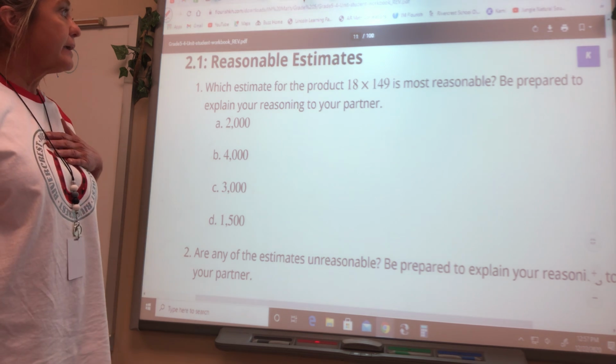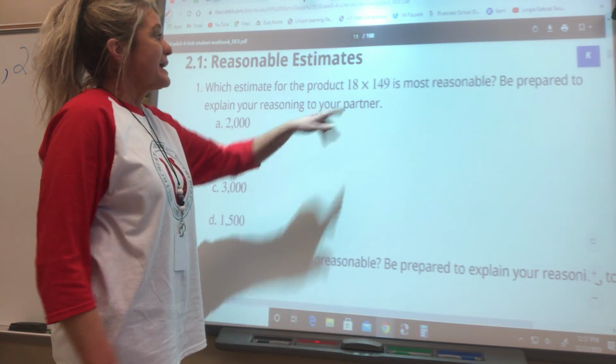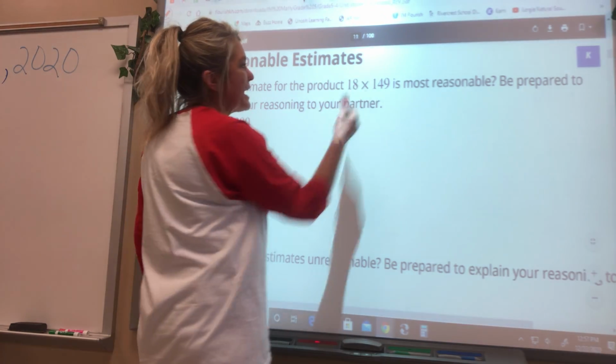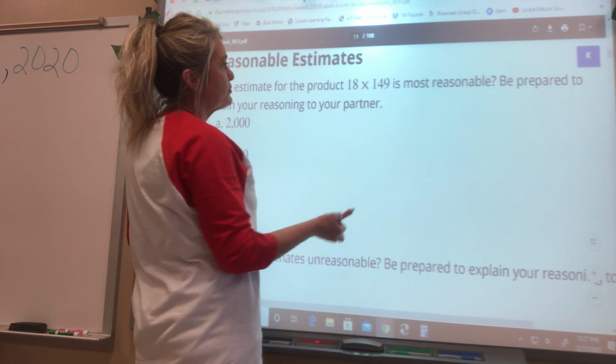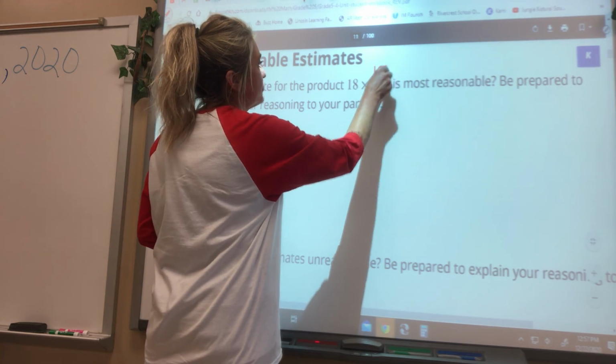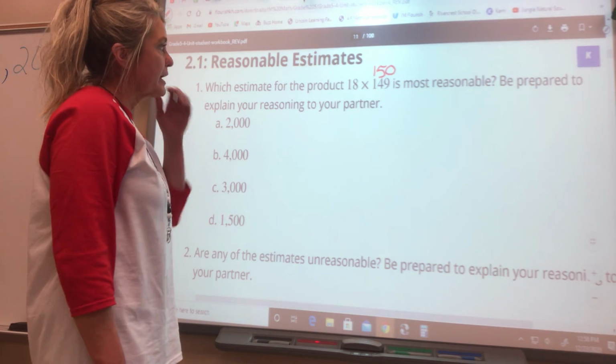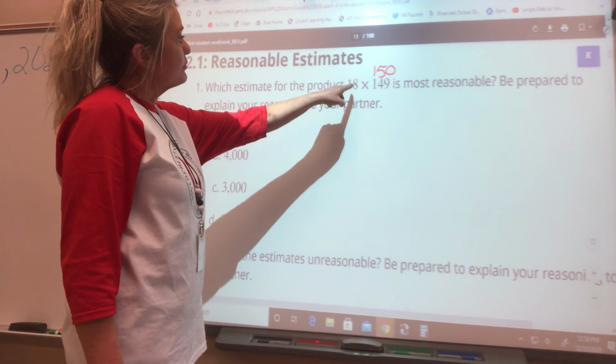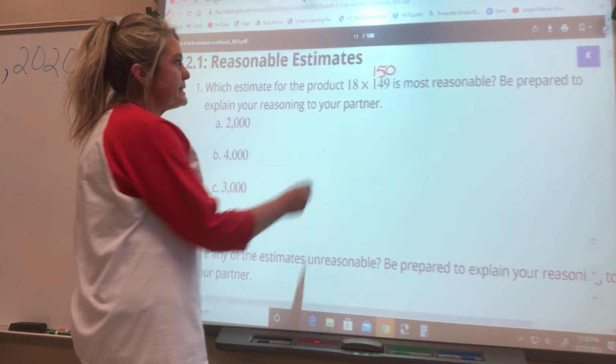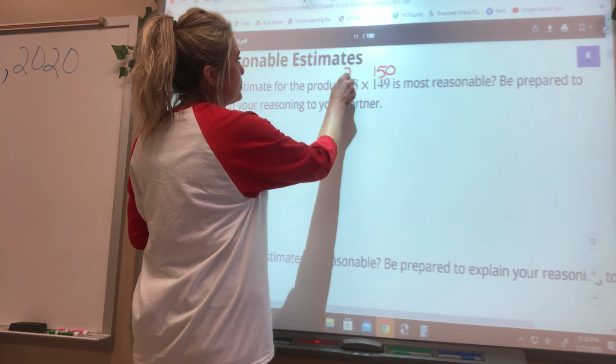Now, it's a lot easier to look at 149. If I estimated and rounded 149, would I have 150? Yeah, I'd have 150 if I estimated that. And if I rounded this to estimate 18, would I have 20?